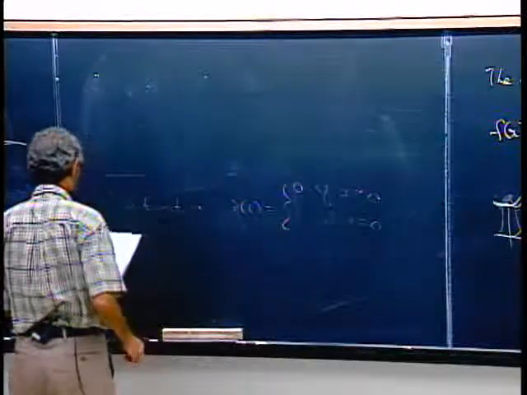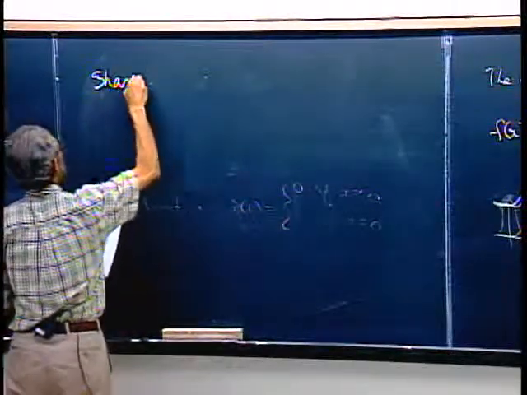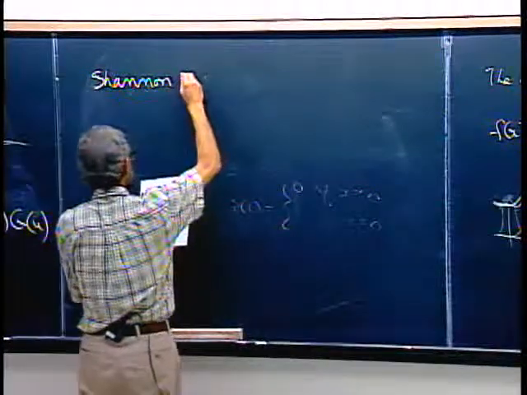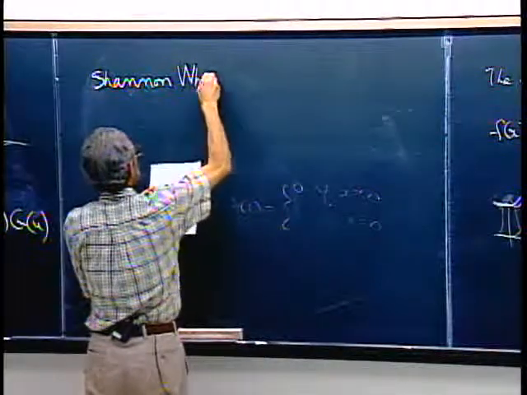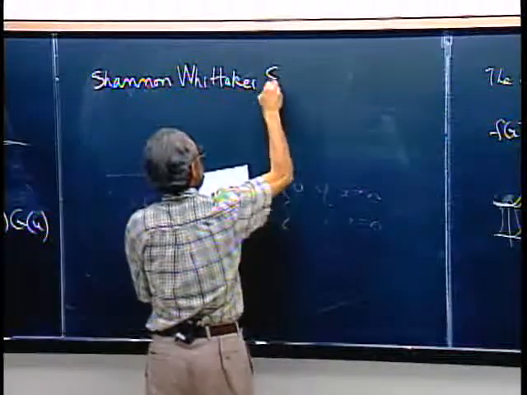The main thing I want is the Shannon sampling theorem. I usually knew it by just Shannon's sampling theorem, but I guess there was a simultaneous author at some point. Whittaker sampling theorem.